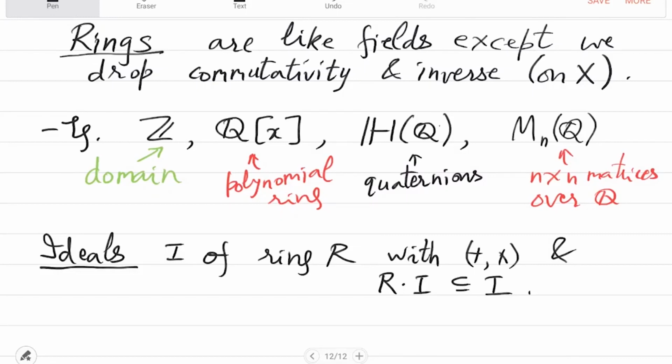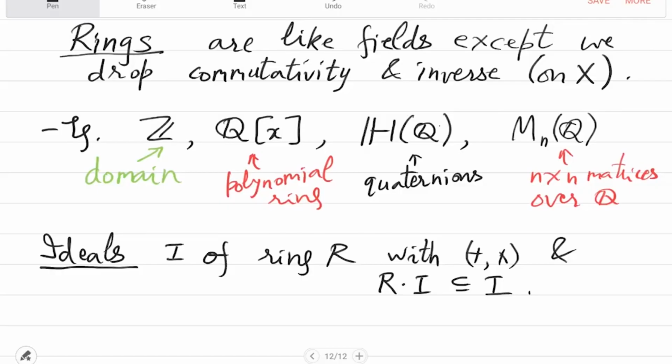The only motivation for this is when you studied integers modulo n. There you are looking at multiples of n, and that subset has this property that if you multiply it with any integer, then you still get a multiple of n. So just that property has been abstracted out, and it has been made crazily general. Any such set, now we are calling it an ideal at the level of general rings.